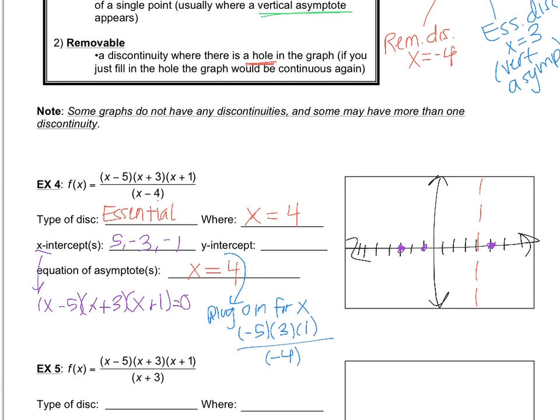So you end up with -15 over -4, or 15/4. That is actually 3.75. So that's the y-intercept. So I know that my function will cross the y-axis about right there.